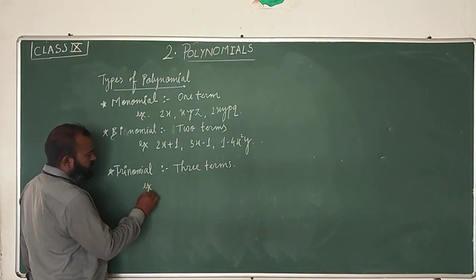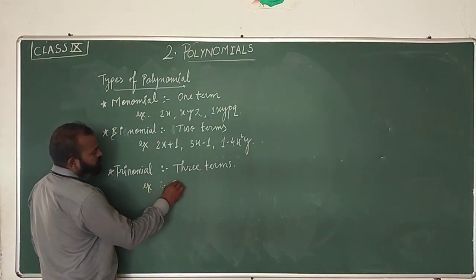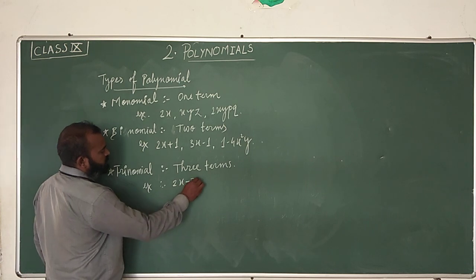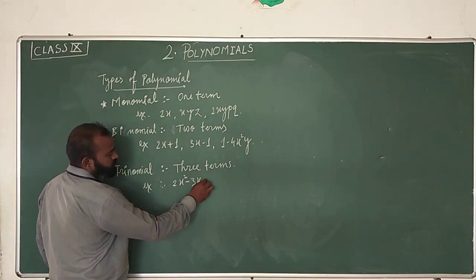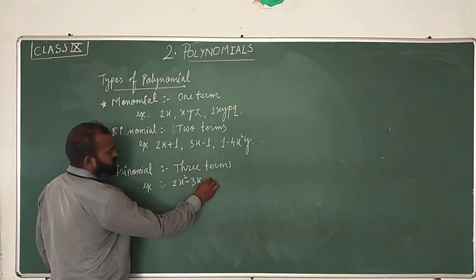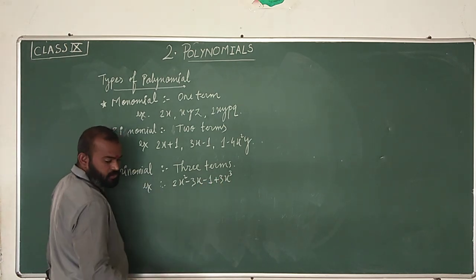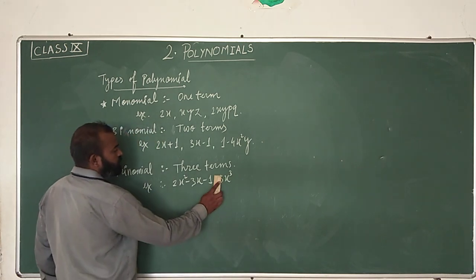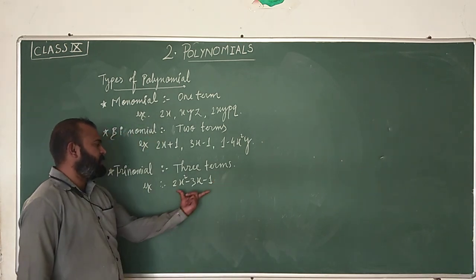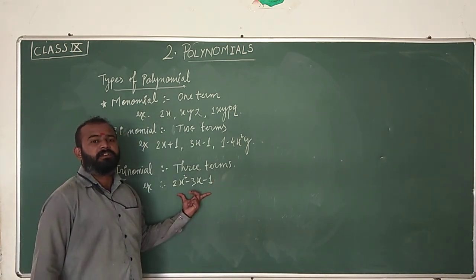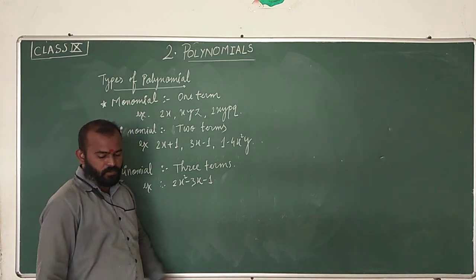Example you can give. What is the example? 2x square minus 3x minus 1 plus 3x cube. Sorry, I have done 4 terms here. So only 3 terms is called a trinomial.